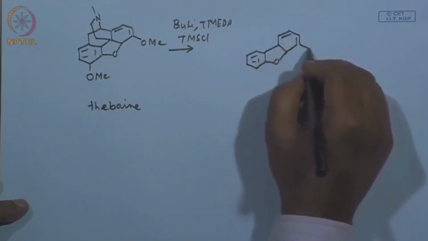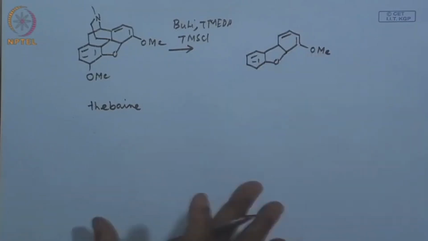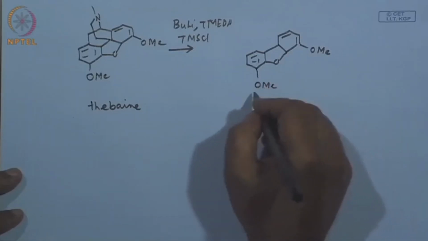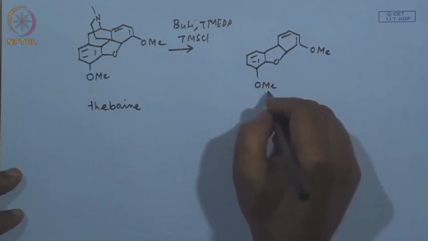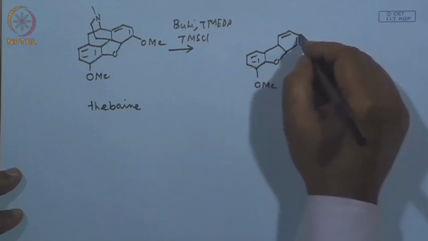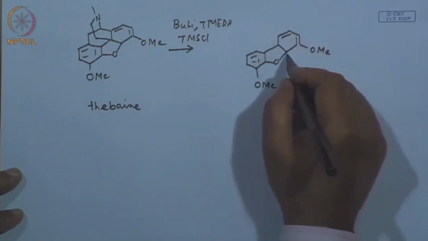You have a methoxy up here, you see there is no aromatic nucleus now, and you have a methoxy here. Methoxy is a well known ortho directing group in metallation reactions. So, lithiation can take place here. Also you have a benzylic position here, actually lithiation takes place here.